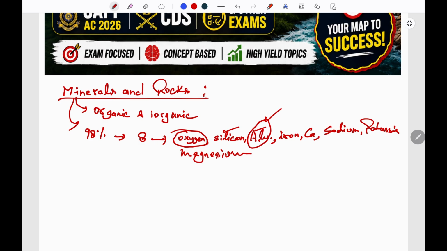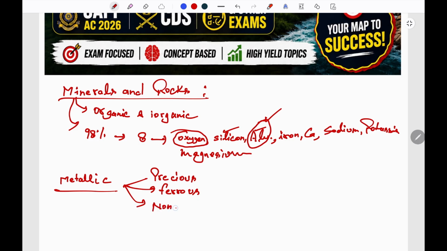Now moving on to the types of minerals. Mineral can be classified into two types, that is metallic and non-metallic. Metallic can also be divided into three types, that is precious, ferrous, and non-ferrous.